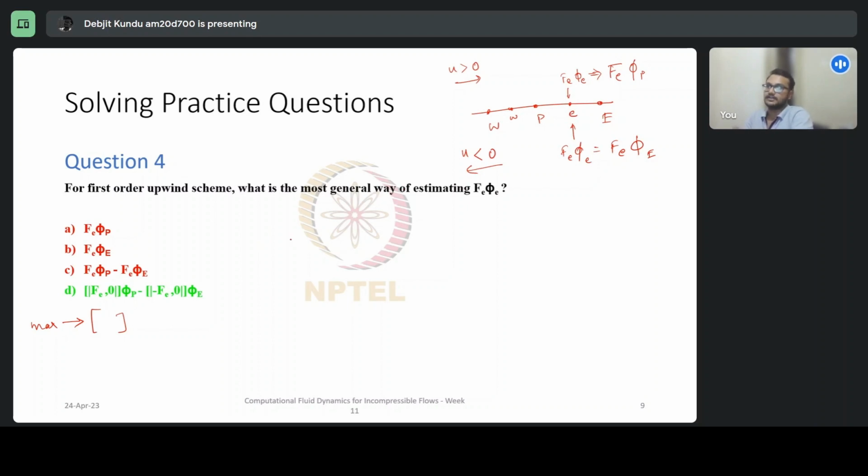So now the most general way of doing that is by expressing it like this.